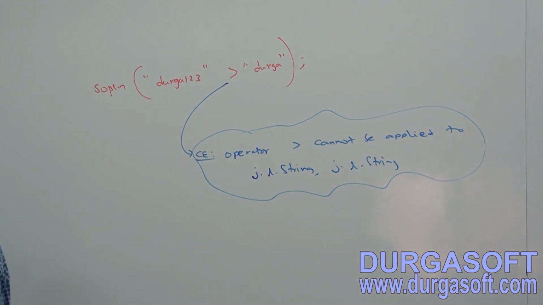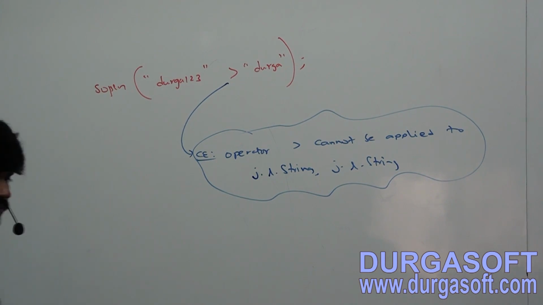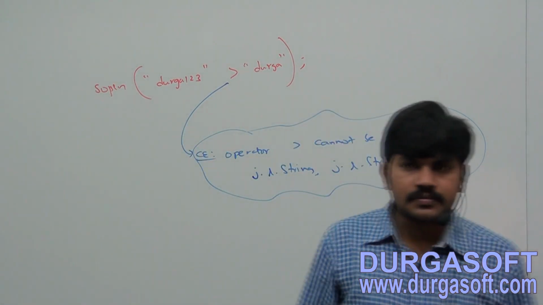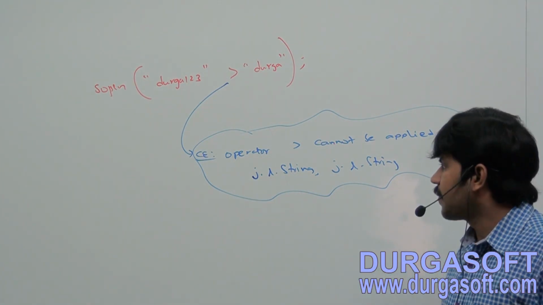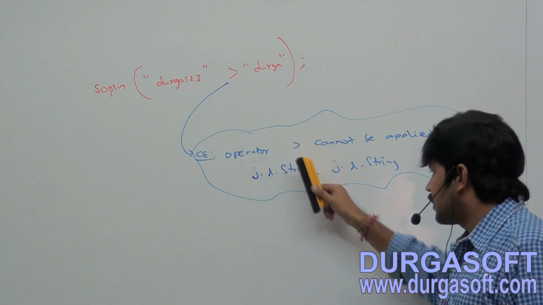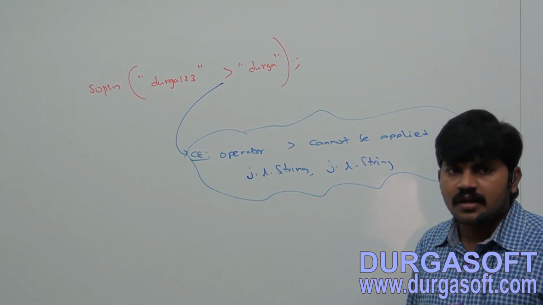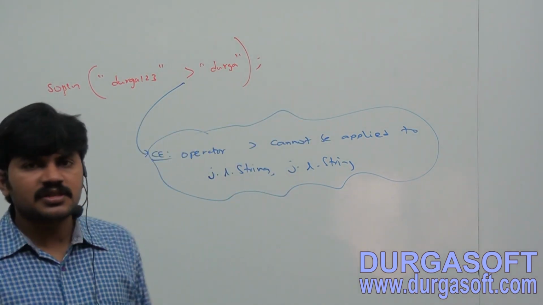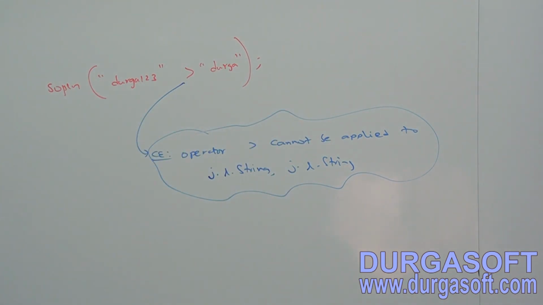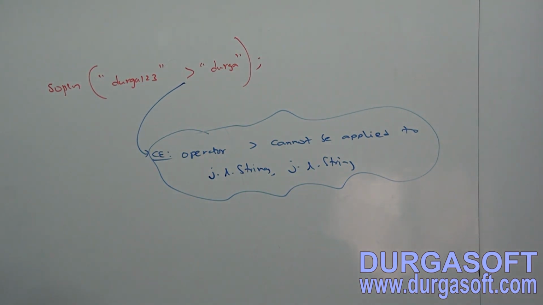Example: SOP of "Durga123" > "Durga". So compile time error saying operator greater than cannot be applied to java.lang.String, java.lang.String.